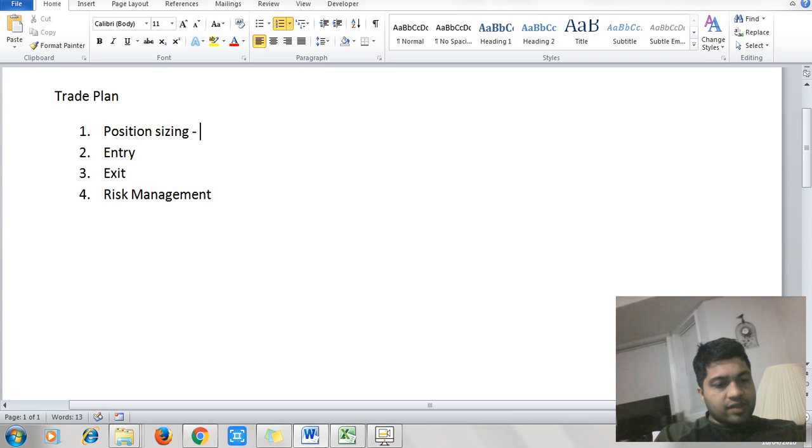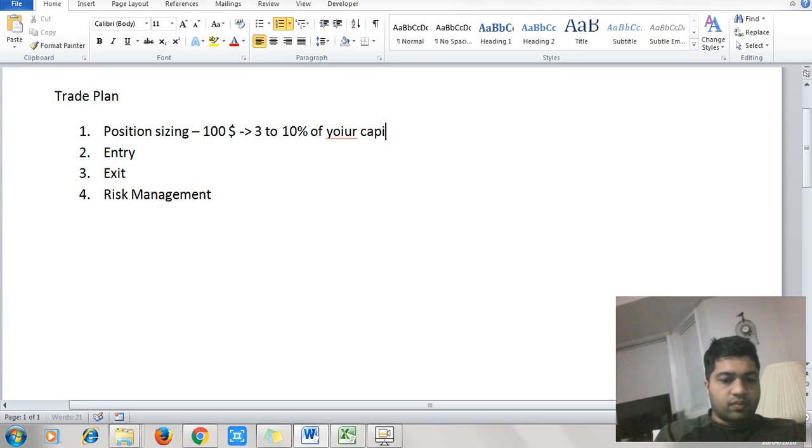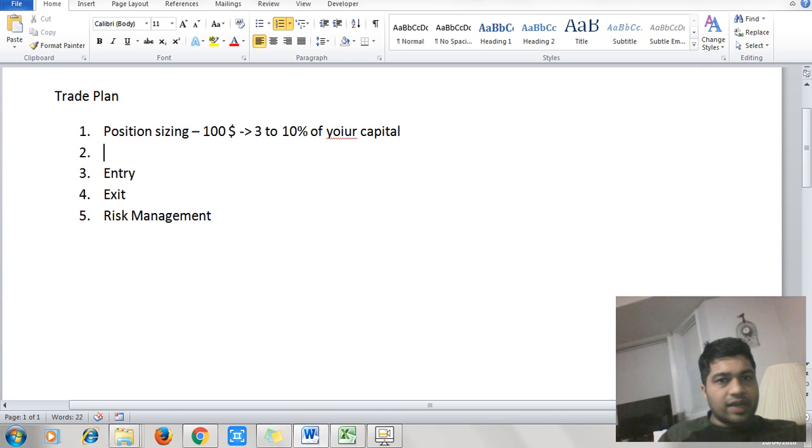Position sizing means if you have $100 in capital, you would never trade the entire $100. You would try to limit each trade to 3 to 10% of your capital so that you don't lose your entire money in one trade.